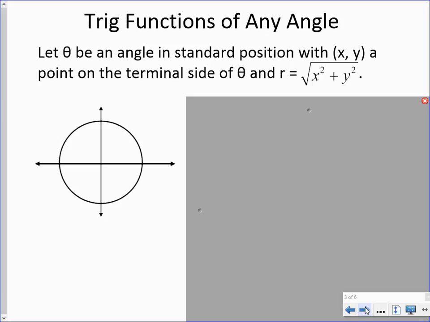We're going to let theta be an angle in standard position with the ordered pair (x, y) as a point on the terminal side of theta.